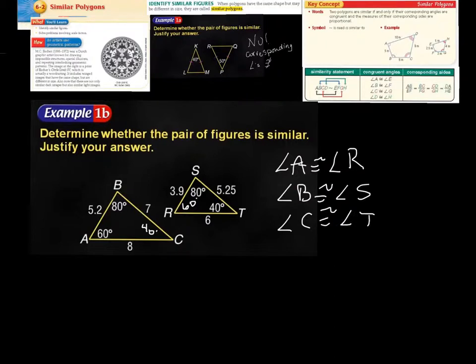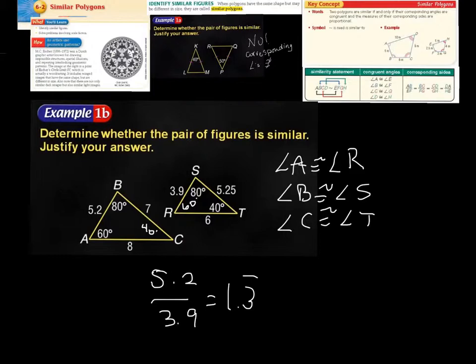And then we want to see if our corresponding sides are proportional, which they're going to have to be if the corresponding angles are congruent, but we'll just make sure. AB was 5.2, and that lines up with RS, so divided by 3.9, I get 1.3 repeating.